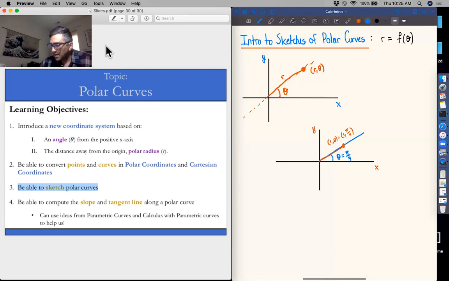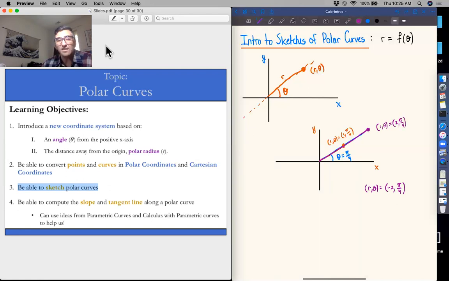But remember, if we're given a negative r value, say we're interested in the point (r, theta) equal to (-2, pi over 4), we have to think about what that means. We still think about going out at an angle of pi over 4. We go out a distance of 2 normally. So this would not be the point we're actually interested in, but this would be (2, pi over 4).